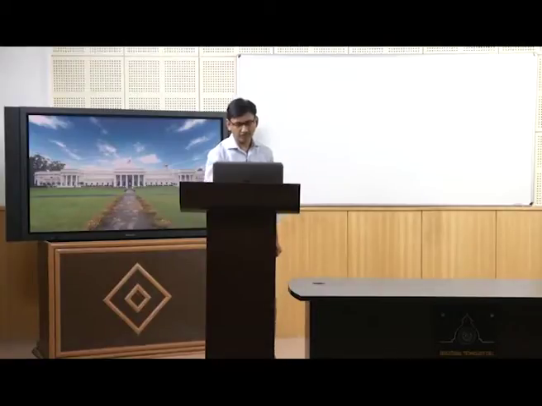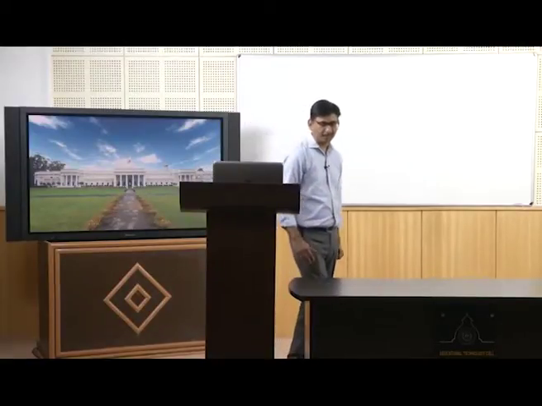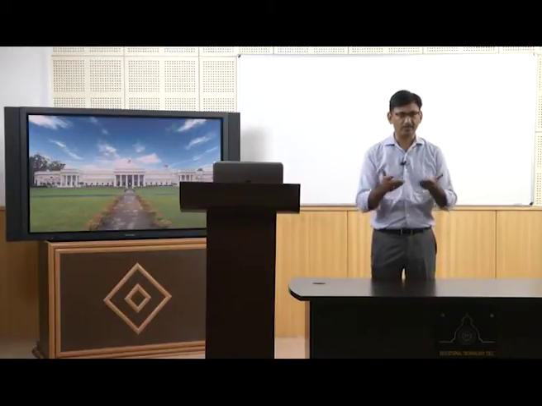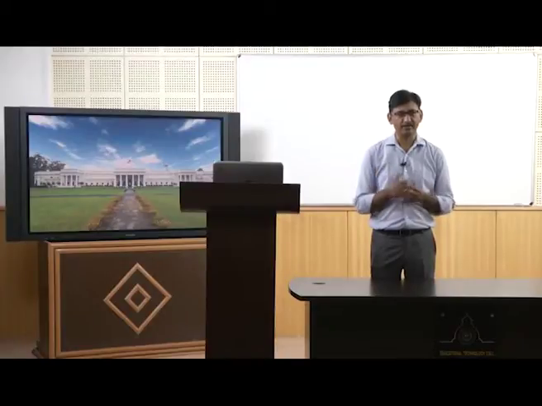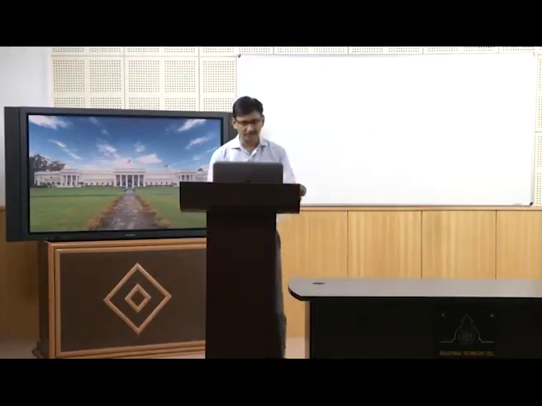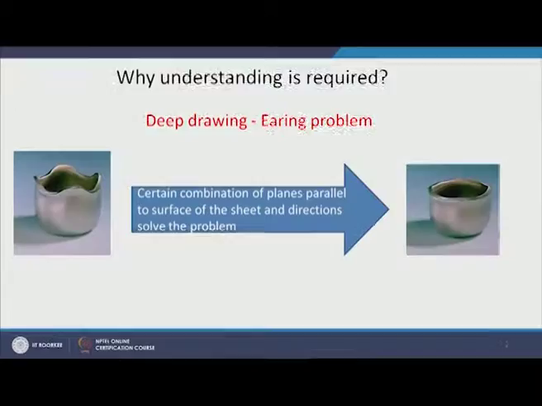So, the importance of why we want to understand which planes are numbered, or how you can name the planes or the directions. One example is here on the slide: there is a problem called earring during the deep drawing operation.